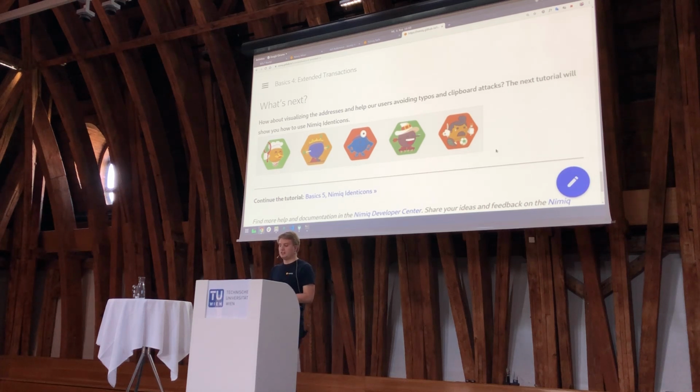So in Nimiq, we are generating these little guys, these little identicons for the addresses to help users identify misspellings or copy-paste errors, and generally easily compare addresses, for example, across the phone or across chat. Well, chat is easy because you can just copy and paste addresses, but over the phone, for example, you can just say, hey, is your address this guy in the orange, this blue guy on the orange background with the doctor's mirror on his head? And then the other guy says yes, and then it's highly unlikely that the address is still wrong.